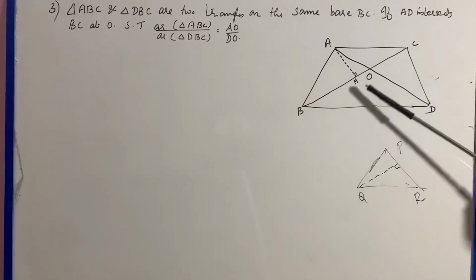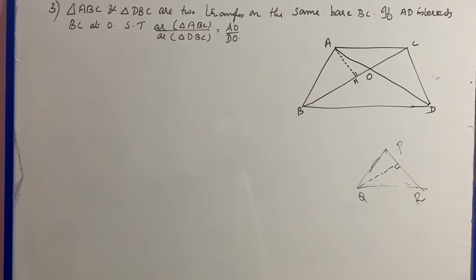In this triangle DBC also take BC as the base. So we need an altitude from D to BC. Now DN is the altitude from D to BC. That AM and DN we constructed to get the area of triangle ABC and triangle DBC. So that is our construction.